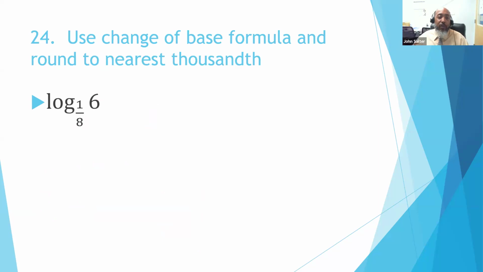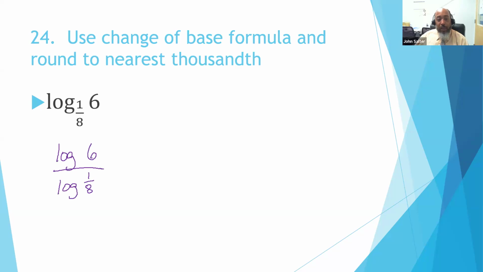Use change of base formula and round to the nearest thousandth. Change of base formula says that if I have a logarithm, I can do log of the argument over log of the base. It has the same valuation. There's a couple ways I could do this.